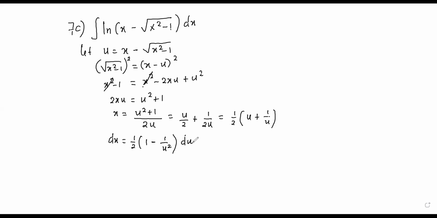You see that? Then now we go back and substitute. So we have the integral of ln u. And our dx is this one. Half, 1 minus 1 over u squared du.